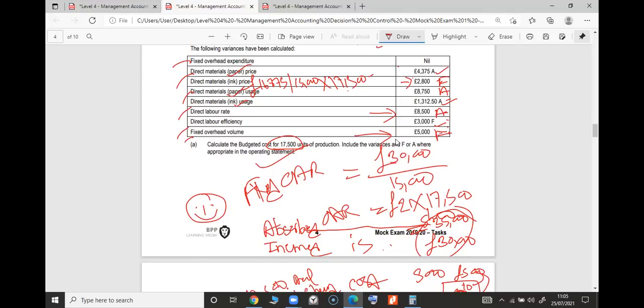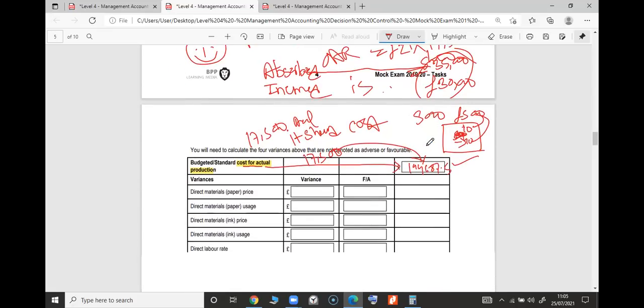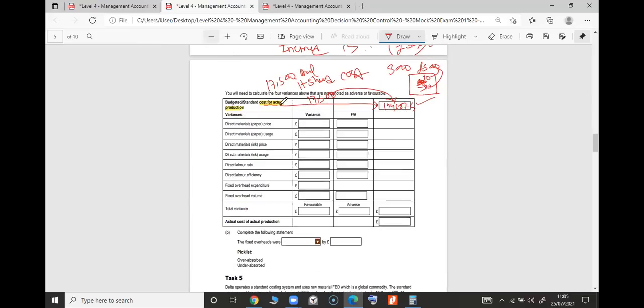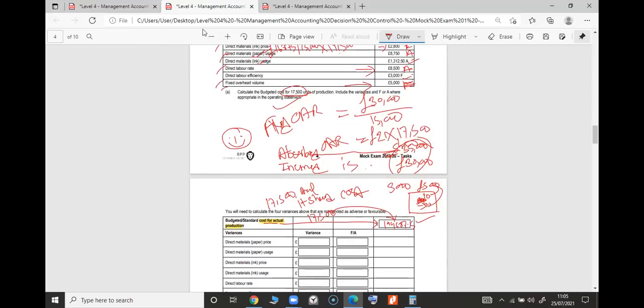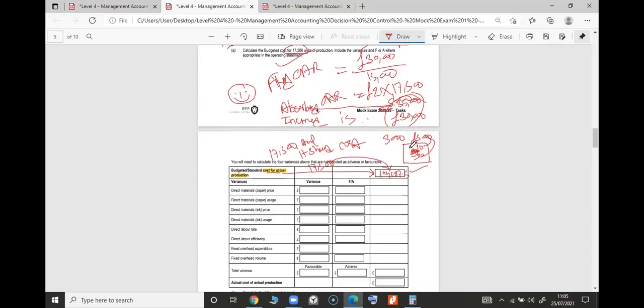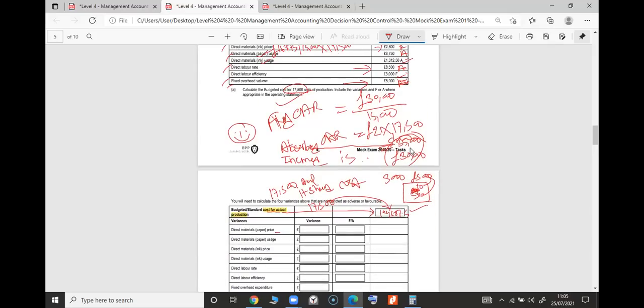Okay, now let's keep going. There are quite a few things we need to copy paste now. Putting it down smaller, so I can copy paste more. What is the first one? Material paper price. I can see 2,800.